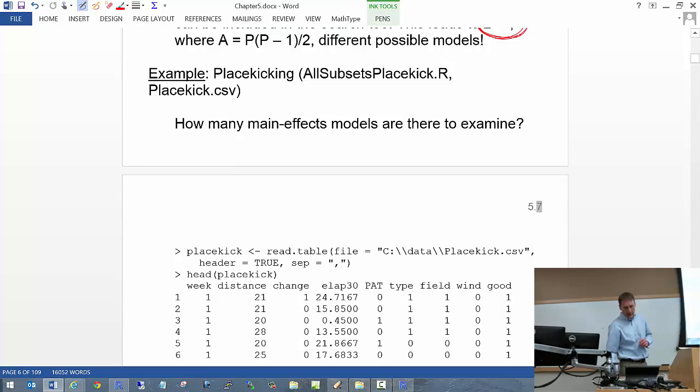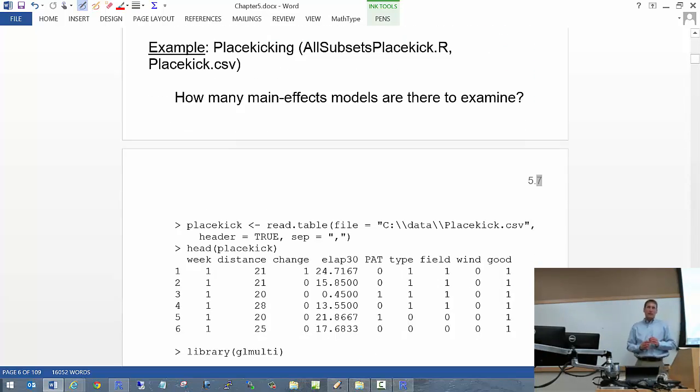Okay, so let's take a look at an example. We're going to go back to using the Placekicking data set again. In this data set, there are 1, 2, 3, 4, 5, 6, 7, 8 explanatory variables, and there's 1 response variable.